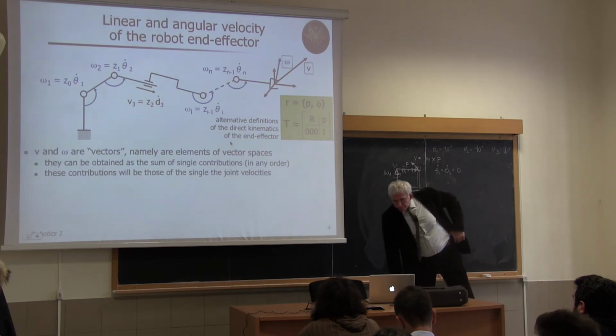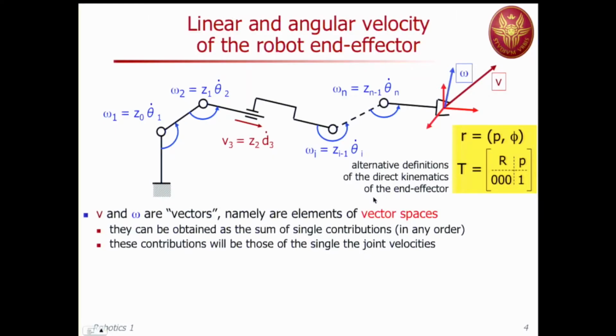So, this is what I said before. Pay attention, because while V and omega are really vectors, so they belong to a vector space, or in algebra this is also called linear space.